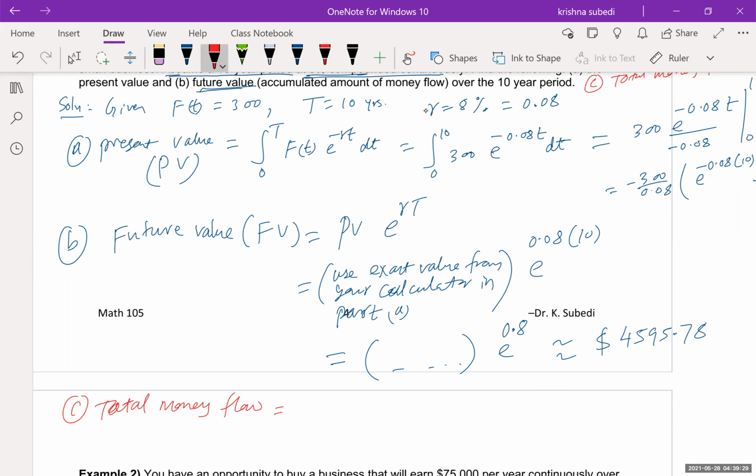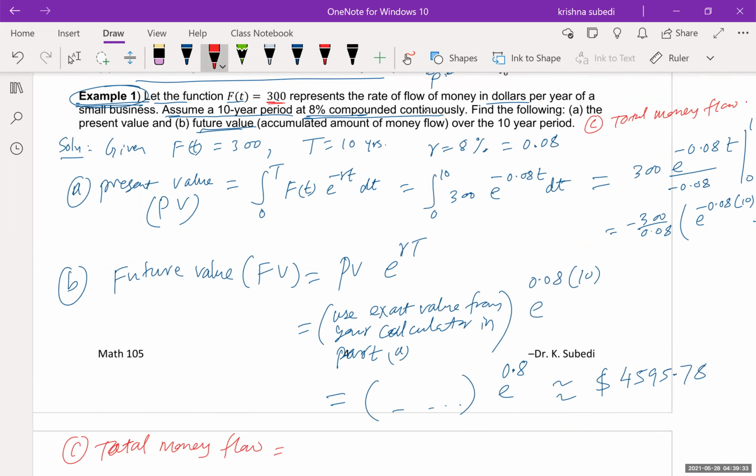What is the money that you put? If you put $300 per year, for how many years? 10 years. So what is the money that you put in without considering the interest?